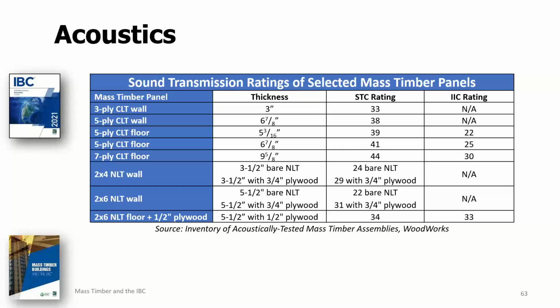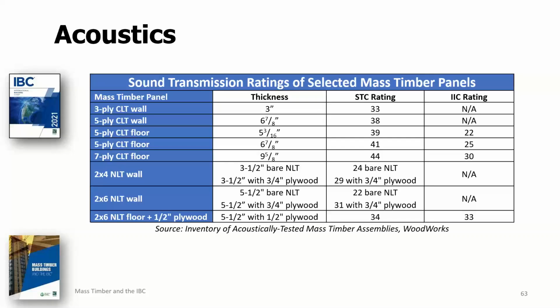Bare mass timber floor ceiling or wall assemblies are seldom used to separate dwelling units. And this is in large part because they typically cannot meet minimum STC and IIC requirements without additional components being added to them. Notice I said bare mass timber. That statement applies only to bare mass timber assemblies.